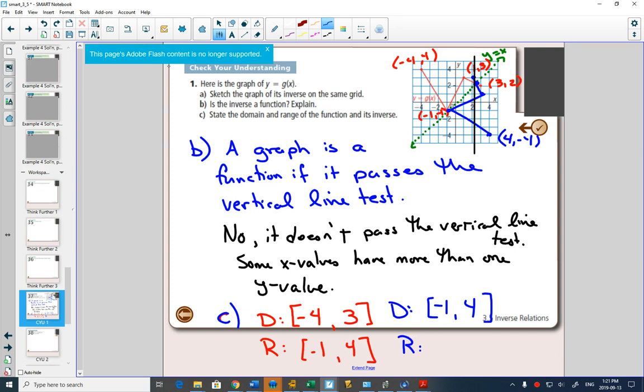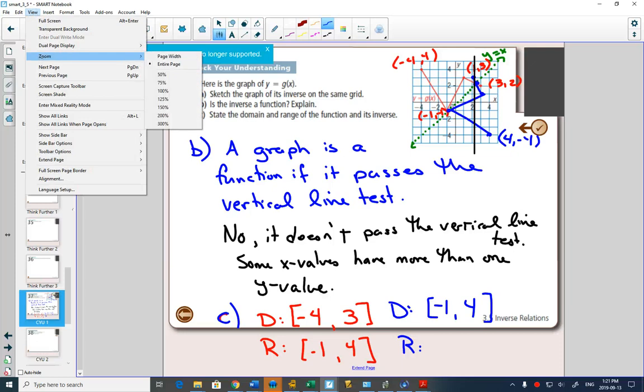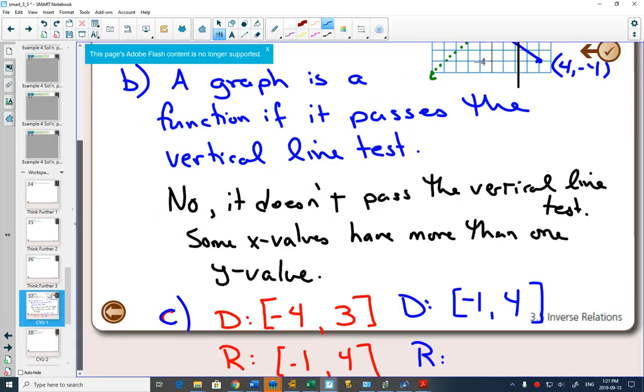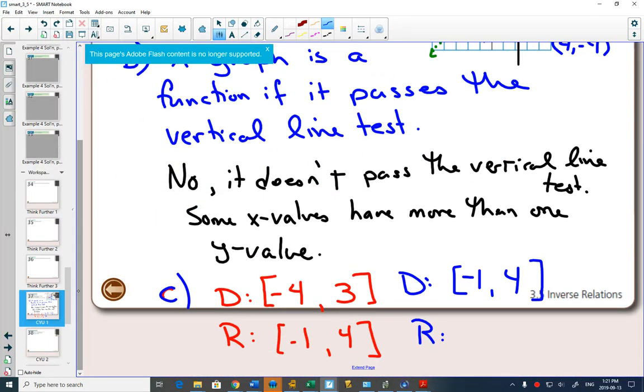But if we didn't see the graph, we could do this as well. So if I go back to here where I can't see the graph, how do I know that my range is -4 to 3?